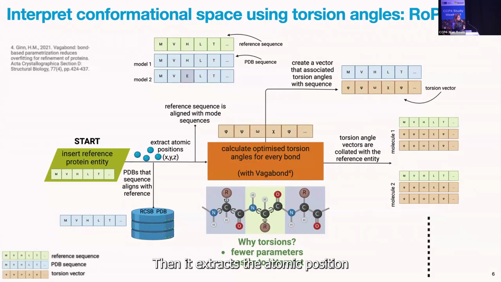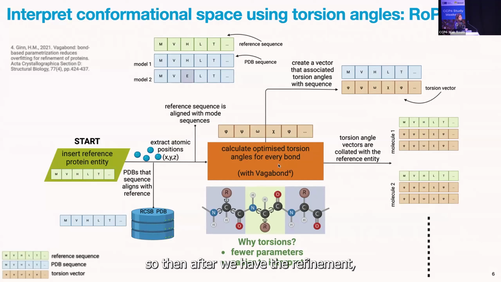Then it extracts the atomic positions and goes into refinement using our own refinement method called Vagabond, which is a torsion angles refinement method. The reason we go with torsion angles representation is that it allows us to represent the system with fewer parameters, and it's easy to interpret.